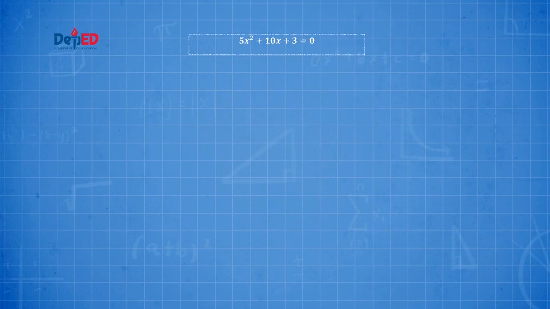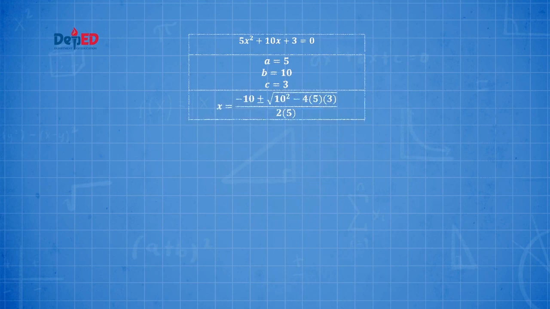Since we are to use the quadratic formula, we first identify the value of the coefficients in the equation. Then, we replace a, b, and c in the formula with their corresponding values. X equals negative 10 plus minus the square root of the quantity 10 squared decreased by the product of 4, 5, and 3 all over 2 times 5.